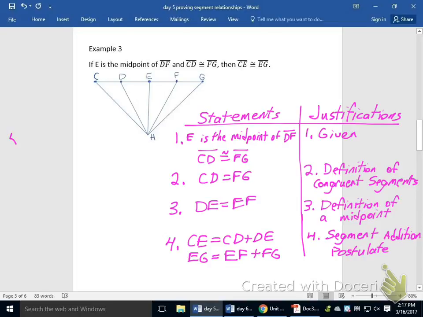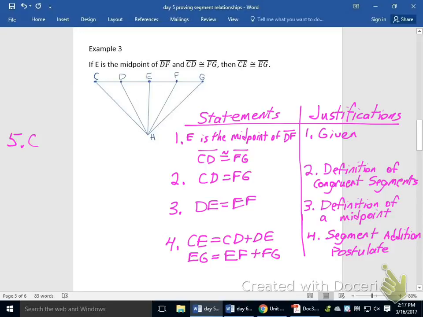Now I'm going to have to pick up over here at the top left. For statement 5, I would try to get these to match up, and I can by taking the CD, changing it to an FG, and then taking the DE, changing it to an EF. Then CE and EG will equal the same thing, EF plus FG.